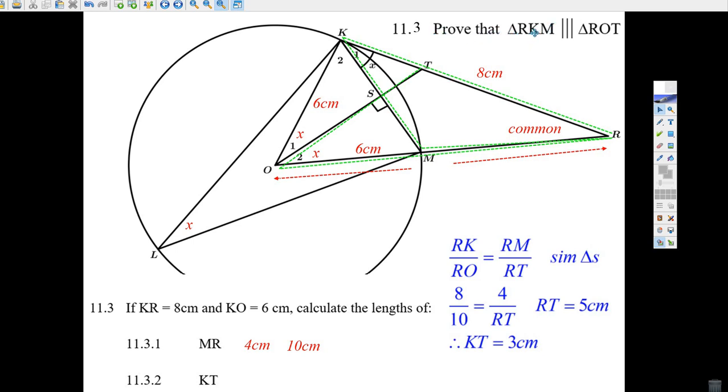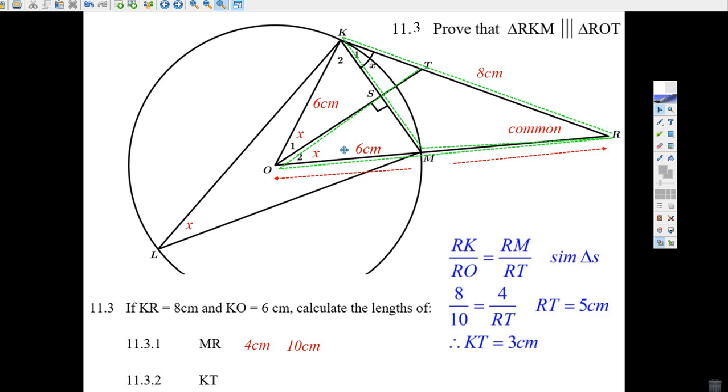Prove that triangle RKM, so there it is, RKM. We're going to prove that triangle RKM, there's one green triangle there, I should have used a different color, is similar to triangle ROT. I said ROT and RKM, but we started with R. So we're going to prove that these two triangles are similar. We can just say that R is common. So that's one of them done.